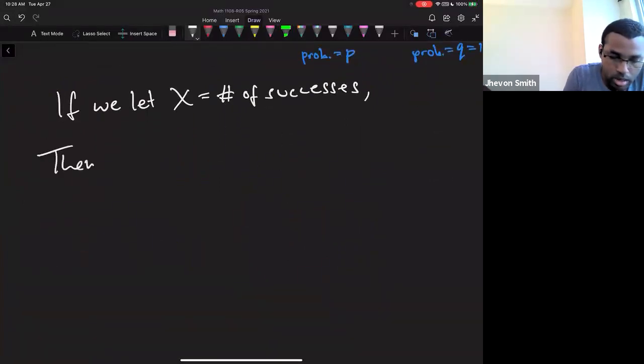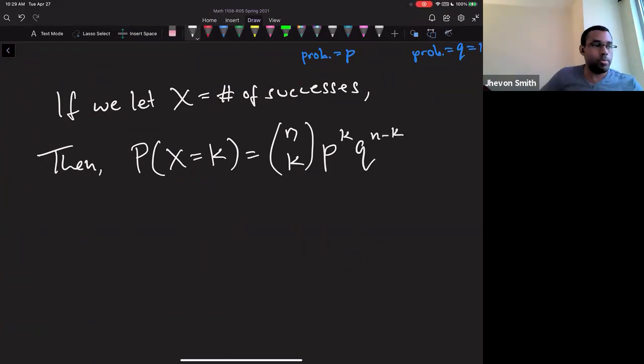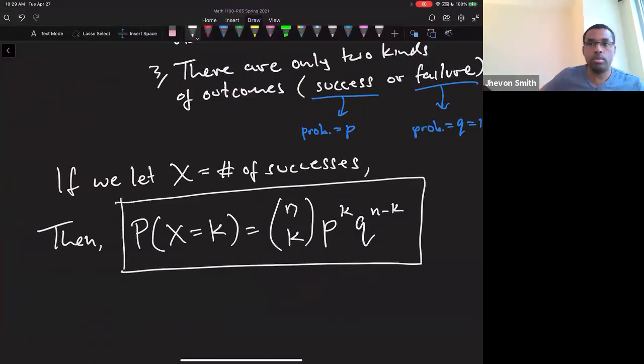Then the probability that X equals K is going to be equal to N choose K, P to the K, Q to the N minus K.